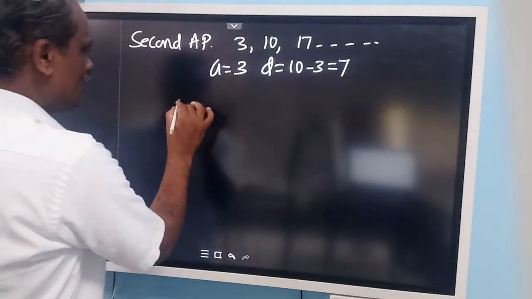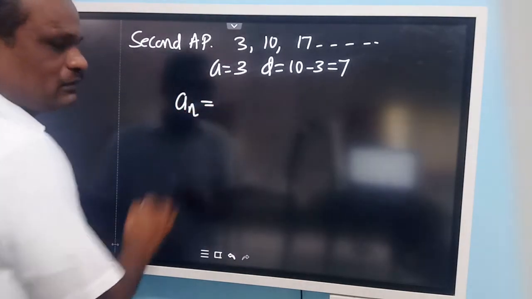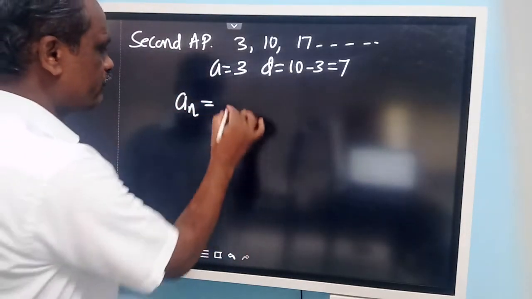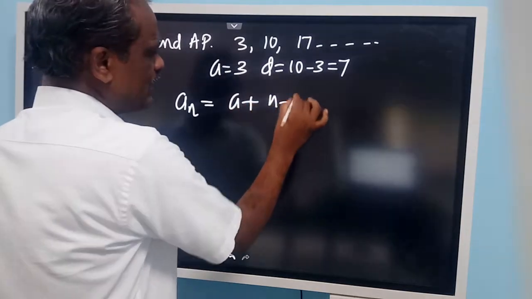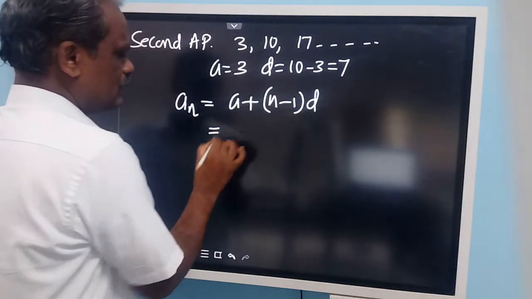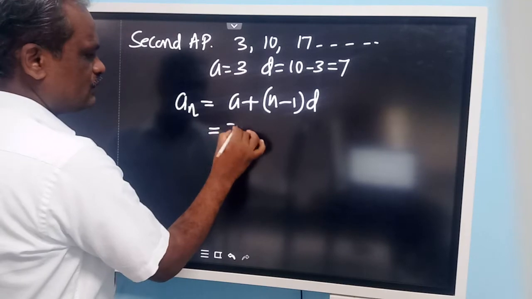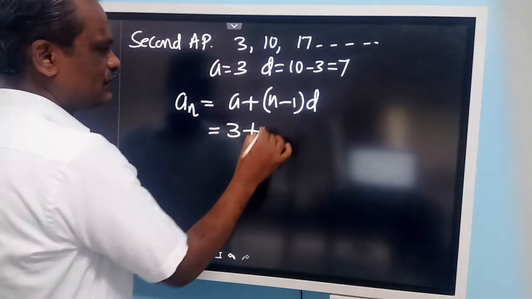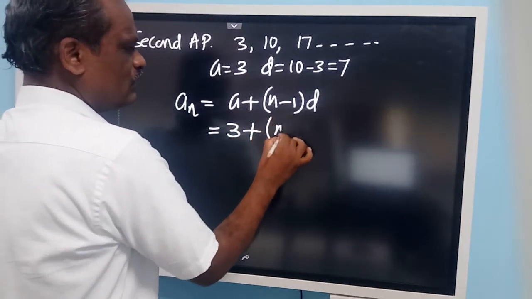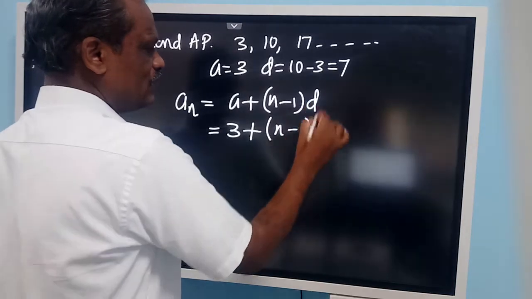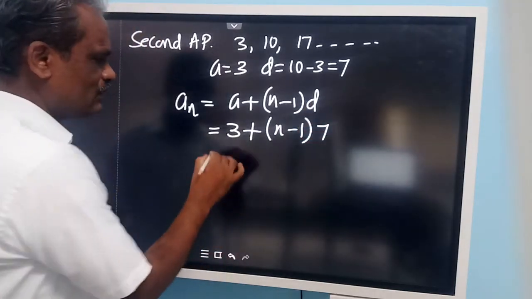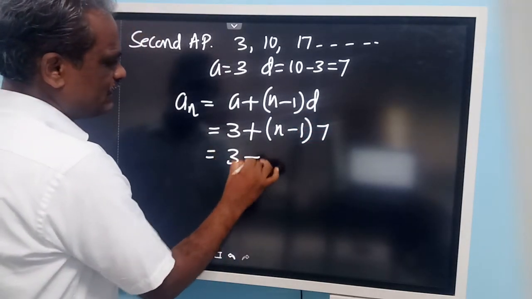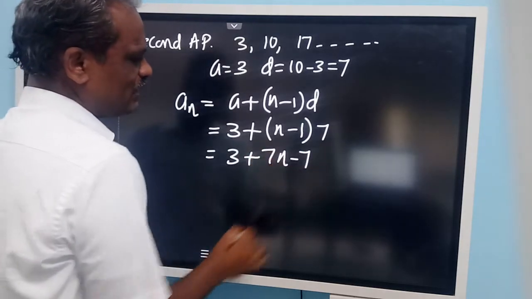So let us use the nth term formula: An is equal to A plus (n minus 1) into D. So 3 plus (n minus 1) into 7, now 3 plus 7n minus 7.